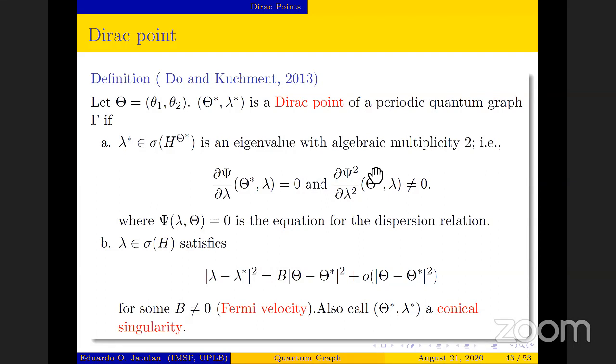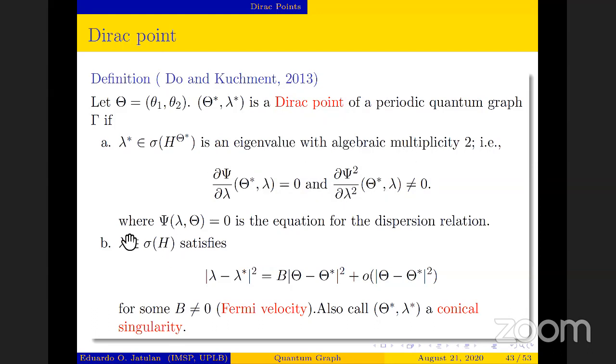So now I define this Dirac point that I mentioned a while ago. The idea of these definitions, we get this from Du and Kuchment, that this point is a Dirac point of a periodic quantum graph if this lambda is an eigenvalue with algebraic multiplicity 2.